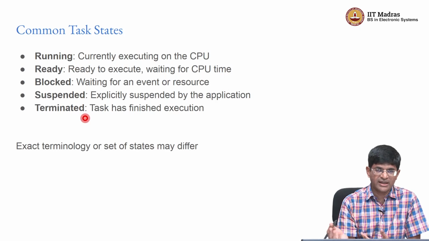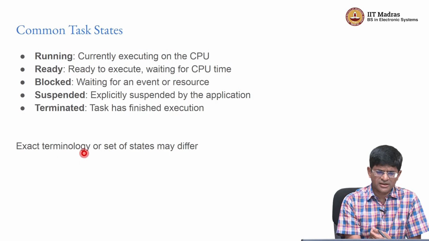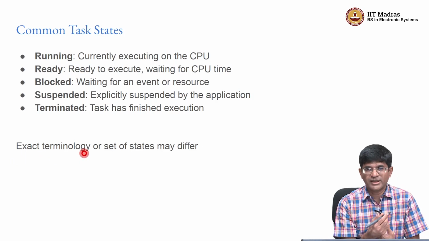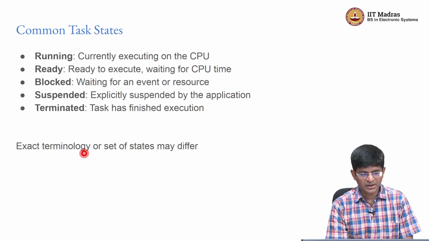This is actually exiting the function, as opposed to getting back onto the scheduler queue and then getting executed again, right. Now this exact terminology is not fixed, it depends on the OS you are working with and the system you are trying to build, but these are common terms that are used.